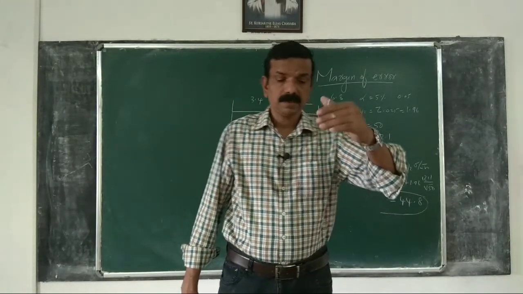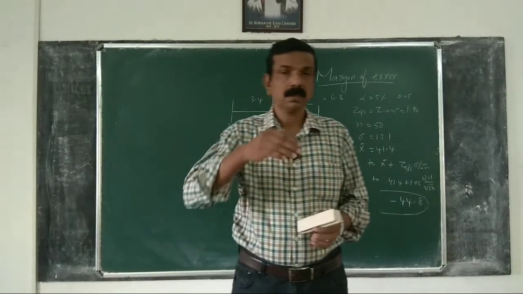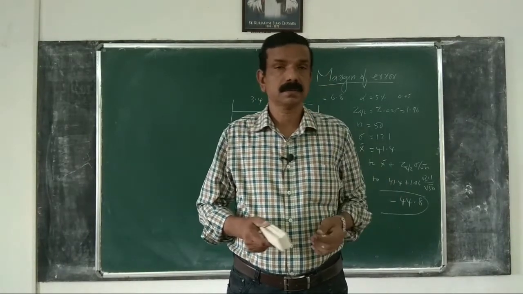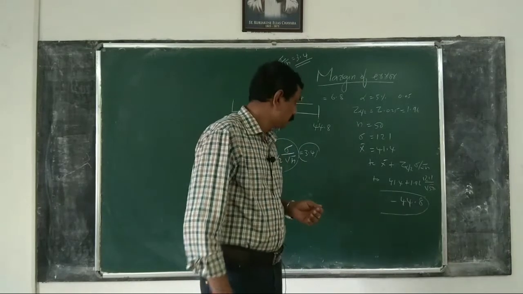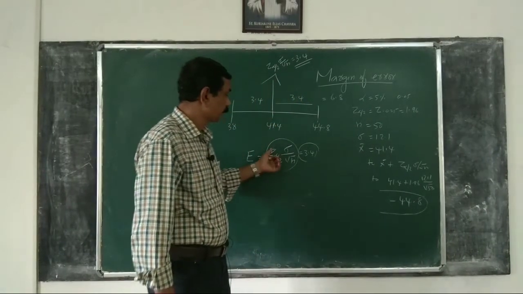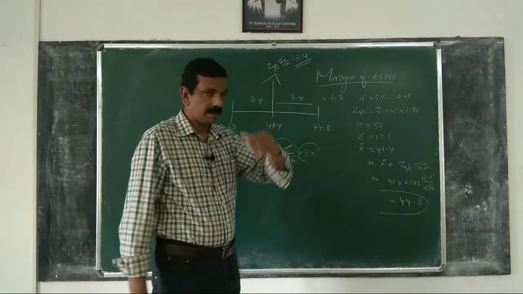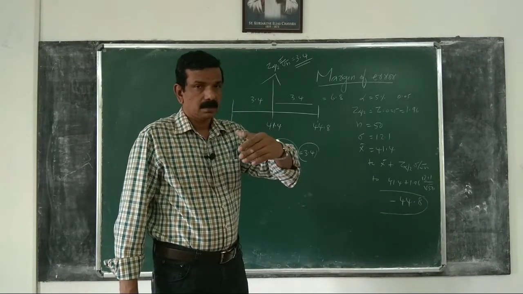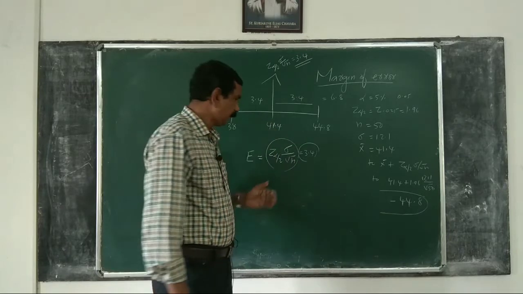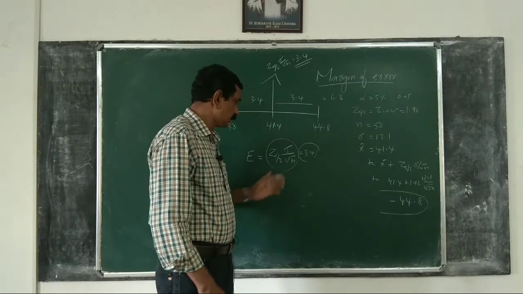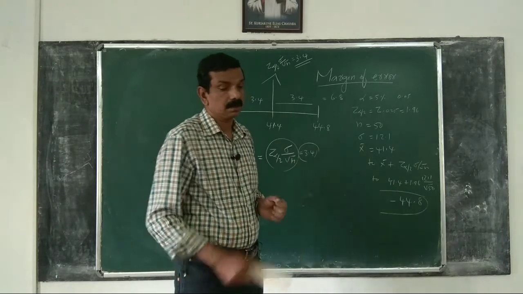One way to reduce margin of error is to increase the sample size for a given confidence level, say 95%, 99%, etc.